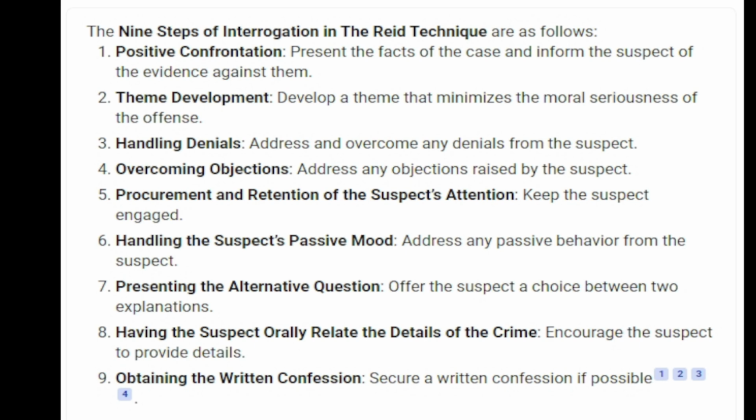For number 4, we have overcoming objections. An objection is usually a statement that starts like "that's ridiculous" and follows with a statement that infers the suspect's innocence. Like, there's no way I stole the $50 because I have $100 in my wallet already.